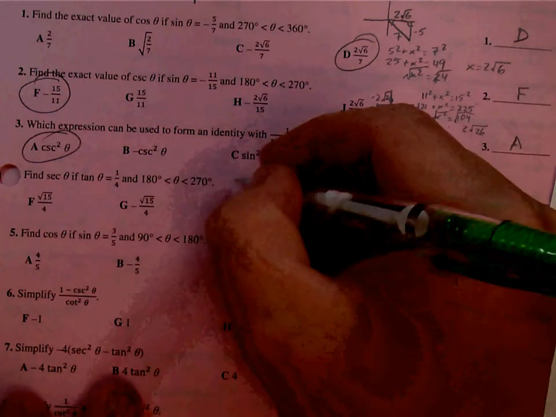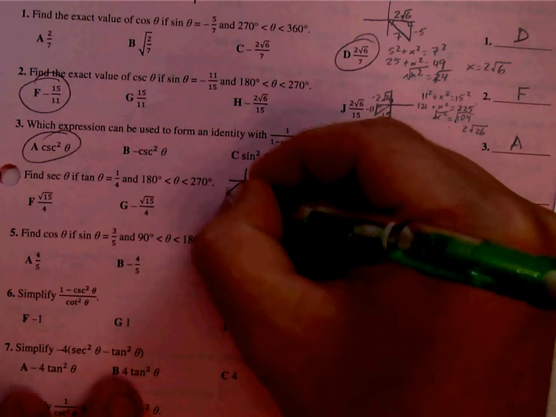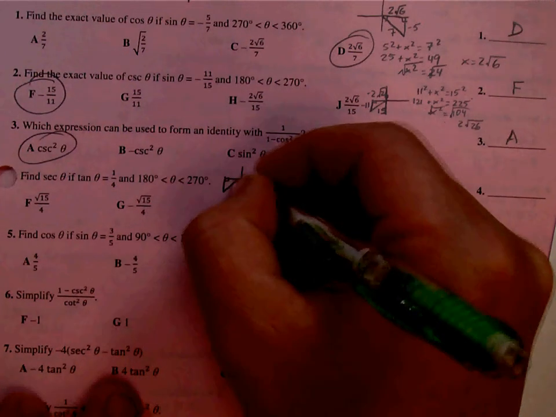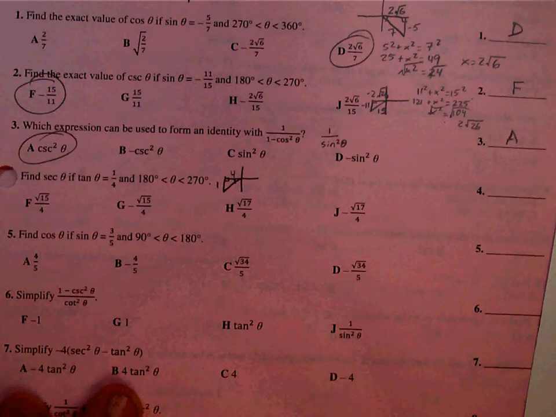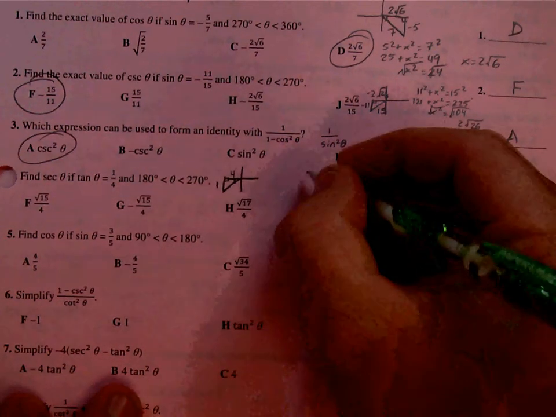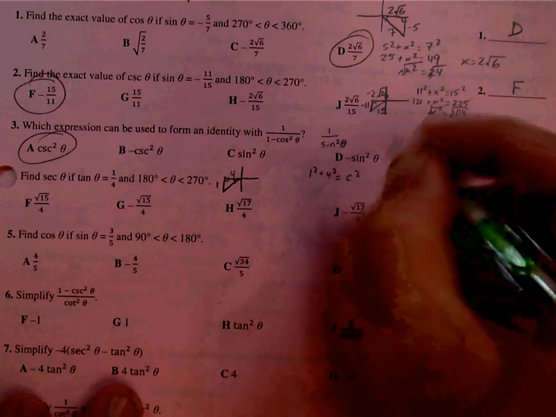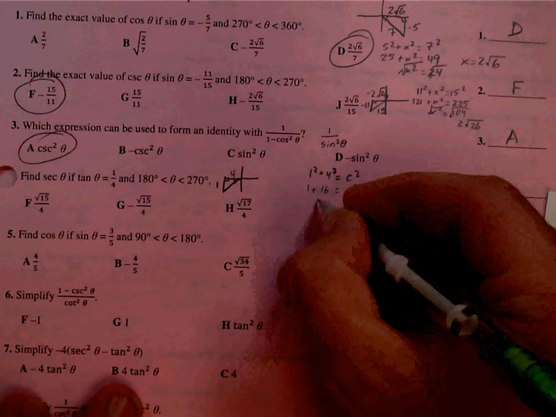So this goes back to drawing our picture now. 180 to 270, that's going to be a quadrant 3 triangle again. Tangent is opposite over adjacent. So opposite is 1 and adjacent is 4. They want us to find secant, so I would do the Pythagorean theorem with 1 and 4. So we get 1 plus 16, 17.